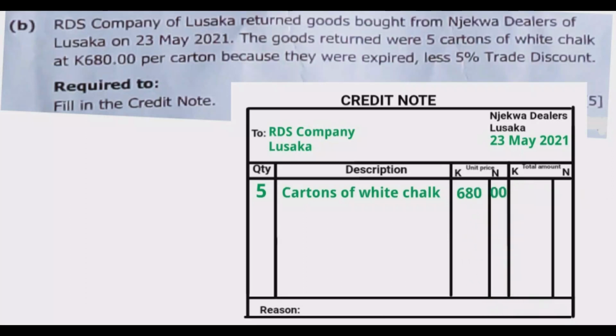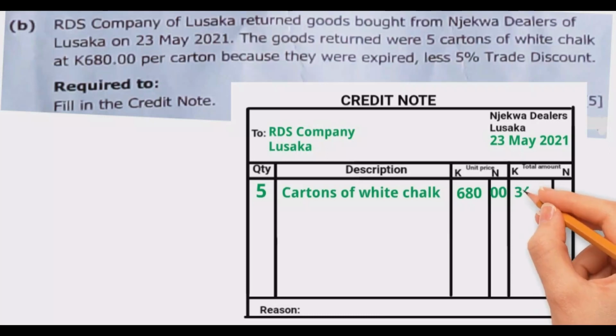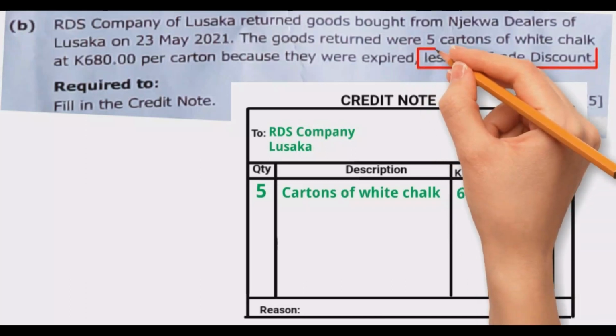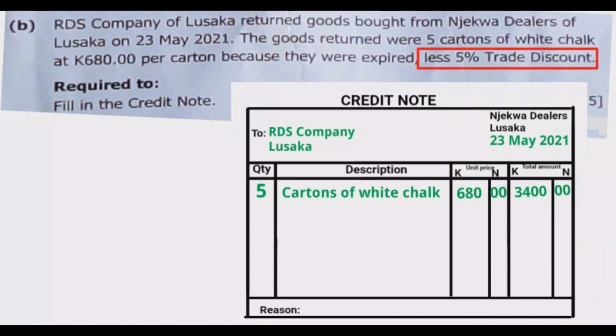Okay, once we have done that, then we find the product of 5 times 680. The product is 3,400. So we write the total amount is 3,400. Now remember, when this company was buying these cartons of chalk, they were given a discount of 5%, as you can see there, where I'm indicating where it's written 5% discount, trade discount.